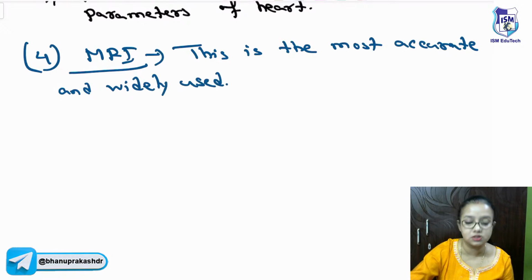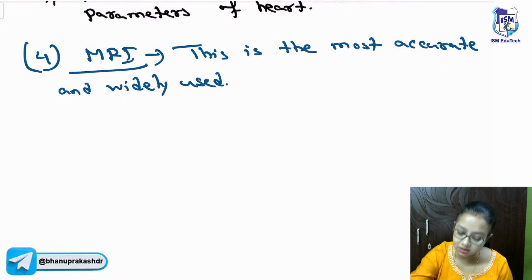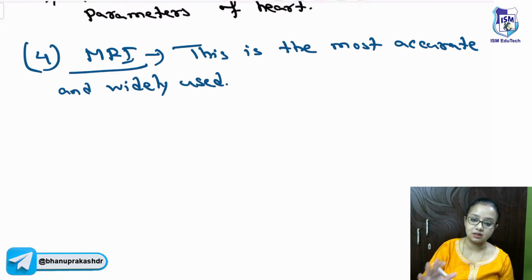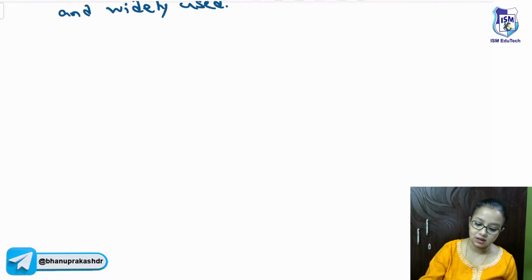But Fick's principle is obsolete because it is painful, it is invasive. So these days it is actually the MRI which gives us the correct picture to understand and get all the structures of the vessel, structure of the valves, and calculate cardiac output, stroke volume, all this cardiac function. Okay, these are the methods to measure the cardiac output.